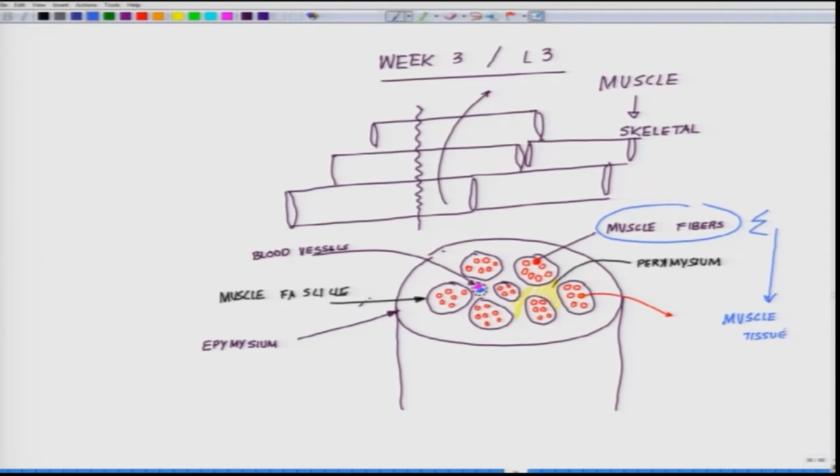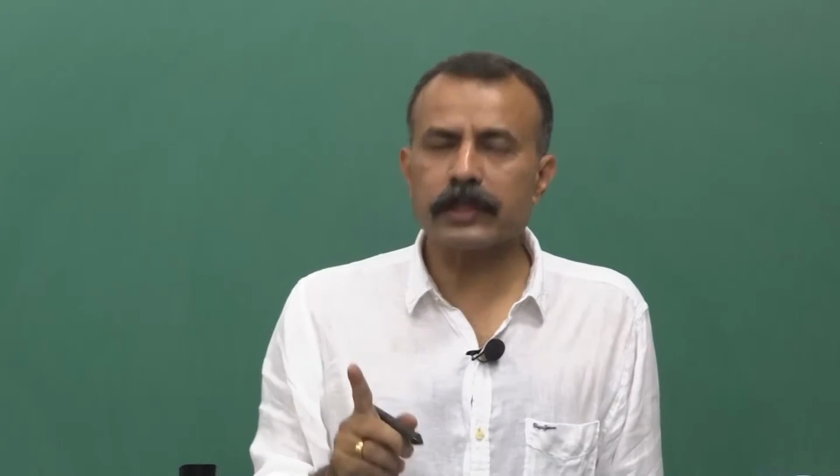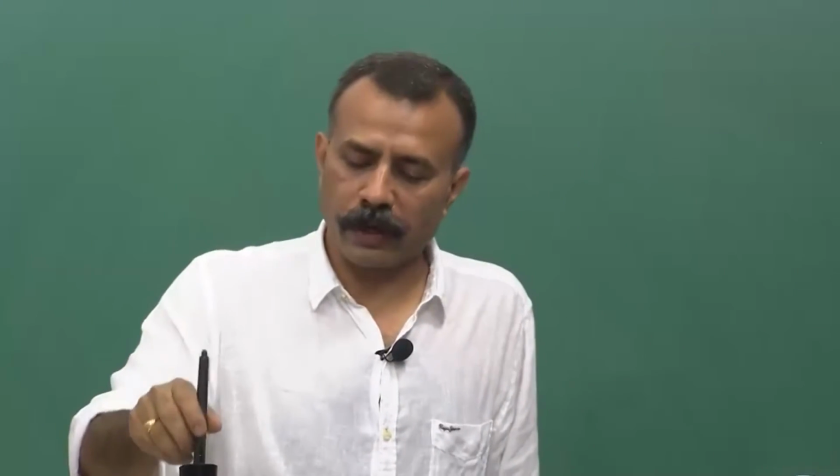At different levels, it has a different level of organizational setup, and it is supplied with blood vessels, covering and everything. But one hallmark out here is that it has a lot of mitochondria in its vicinity. So, this is how the skeletal muscle looks, and if you take a cross section of a skeletal muscle, you will see something very interesting, and this will bring us to the second level of classification.